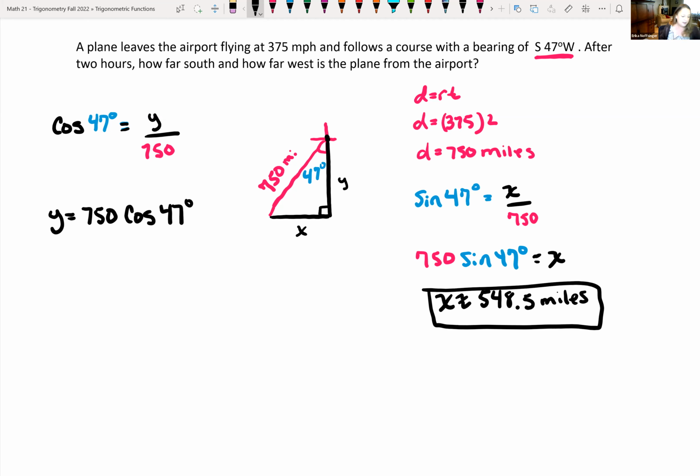So plugging that into the calculator, we get that that's approximately 511 and 5/10 of a mile.